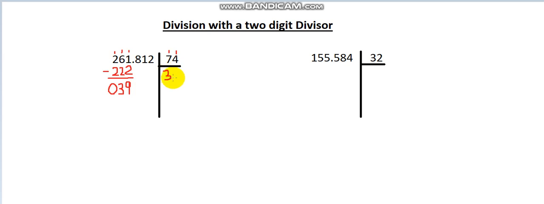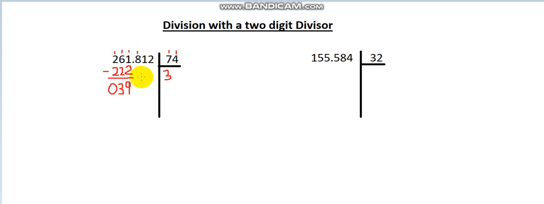So in this case, let's say we got a number here like 80 or 83, something like that. I would need to erase all of this and try one more time. I would need to try 4 times 74. But now 39 is less than 74, so I can continue.